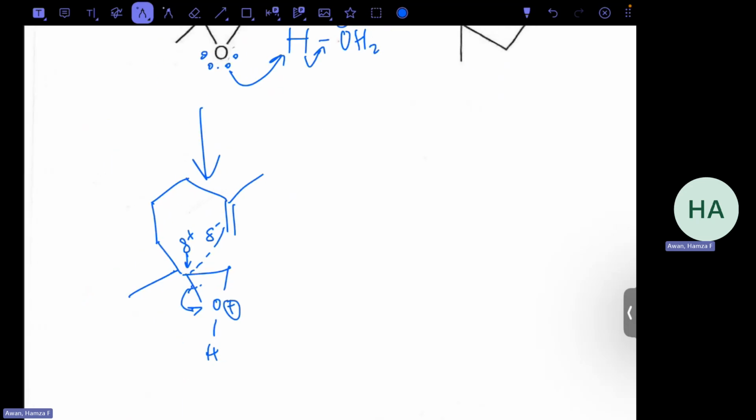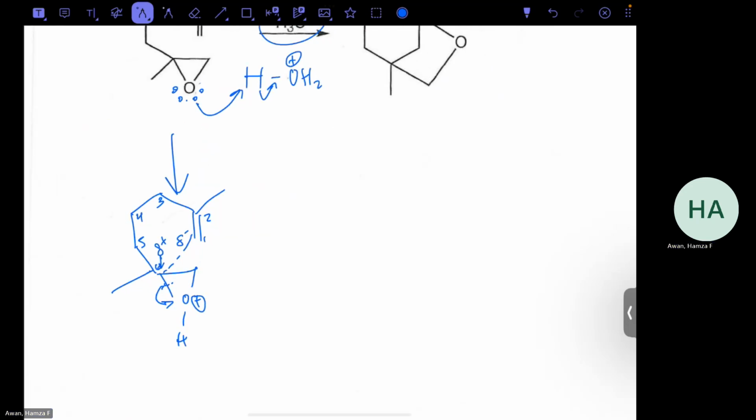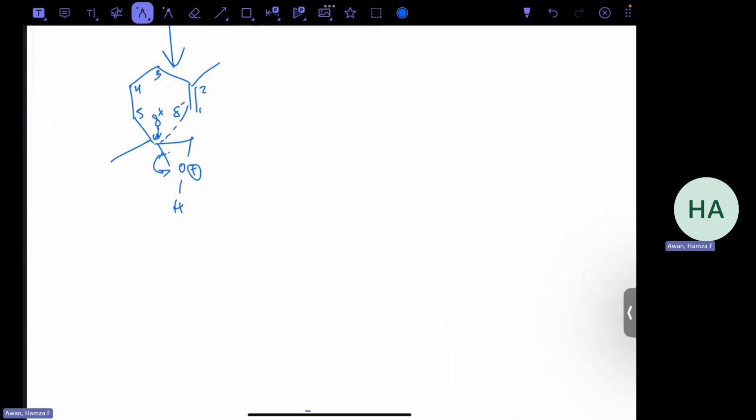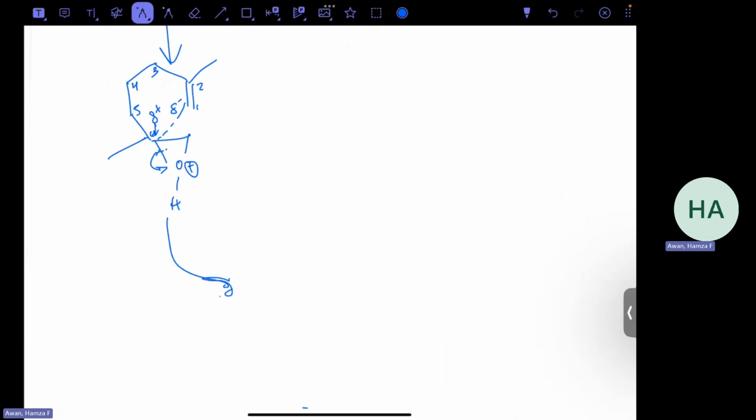So whenever we look at that, we can start counting since we're doing a ring closing. So 1, 2, 3, 4, 5, and 6. So whenever we draw our next arrow, we can draw our cyclo, right? And then let's number it 1, 2, 3, 4, 5, 6.